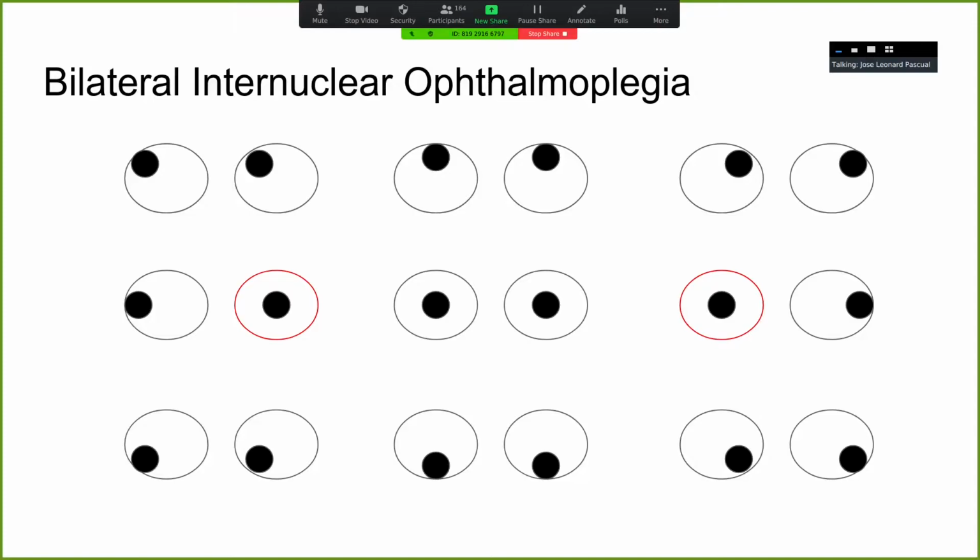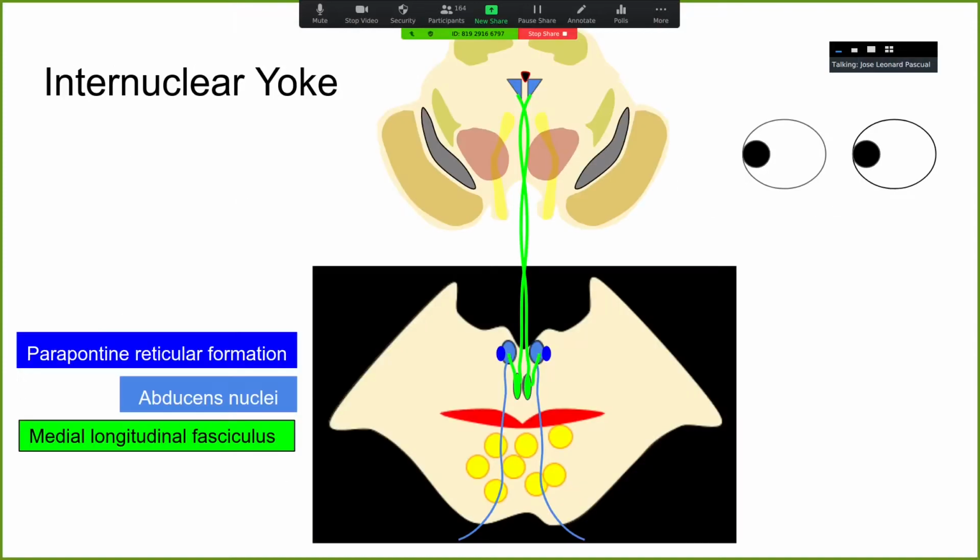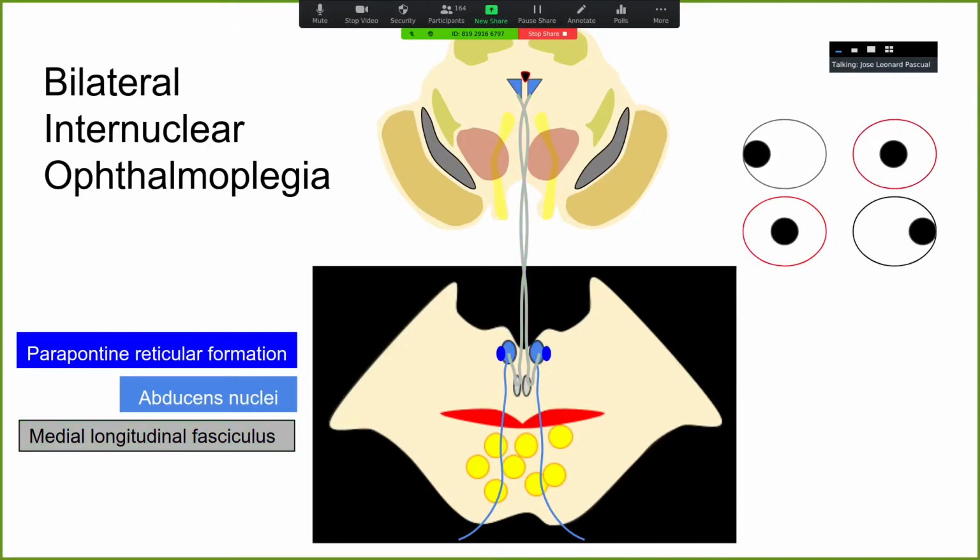So here it's a bilateral MLF. So it's the yoke again that is being referred to here. A problem in both MLFs to cause that kind of problem. A bilateral INO means a bilateral MLF. So INO should be synonymous for you by this time for an MLF problem.